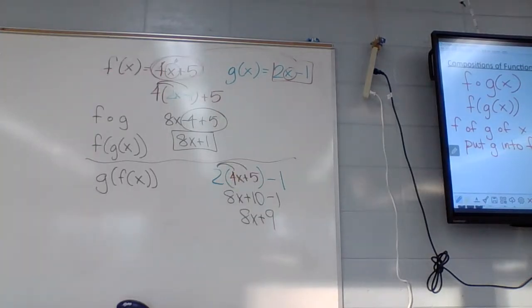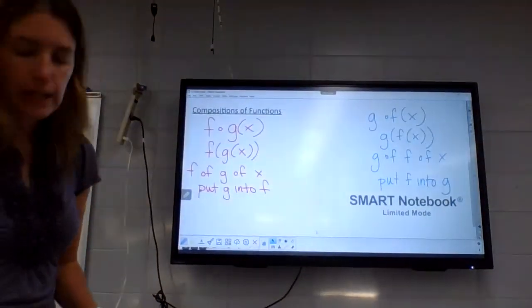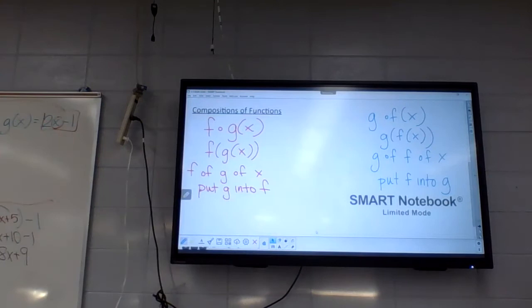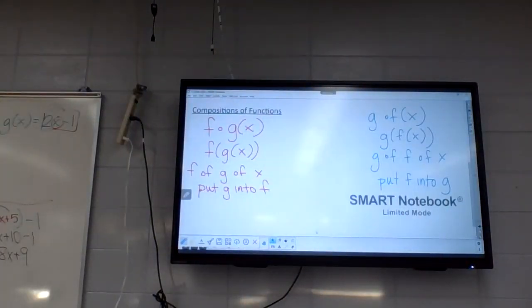So we're going to see that in our notes here, where we get a little more complicated, which is why we did the warm-up questions we did. Looking at this next one, it asks you to do 3 things for each of these problems: f of g of x, g of f of x, and then f of g of 3. So there are 3 parts to the problem if you look at the directions.